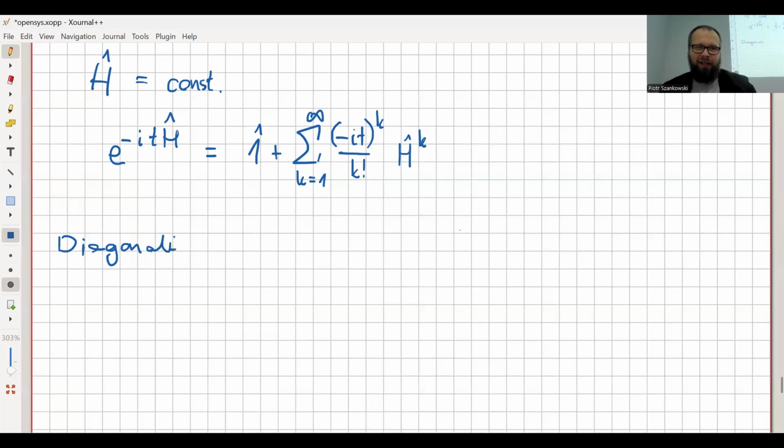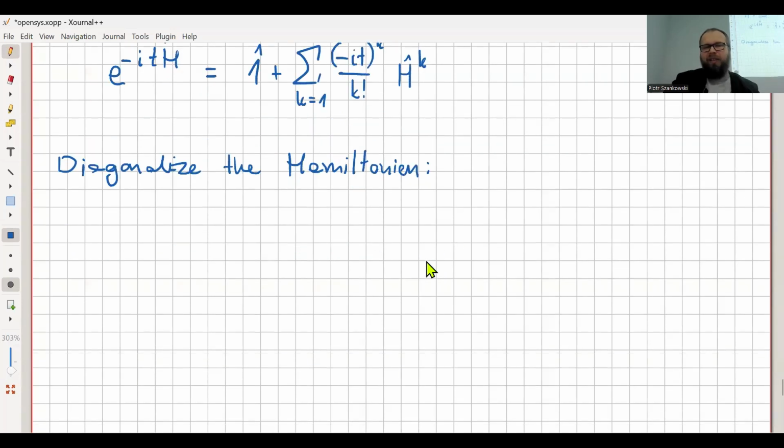Diagonalize the Hamiltonian. So it means that you can find a basis of eigenstates of your Hamiltonian. Let's call this basis D, such that n is just some index, 1, 2, whatever, however we wish to label them.